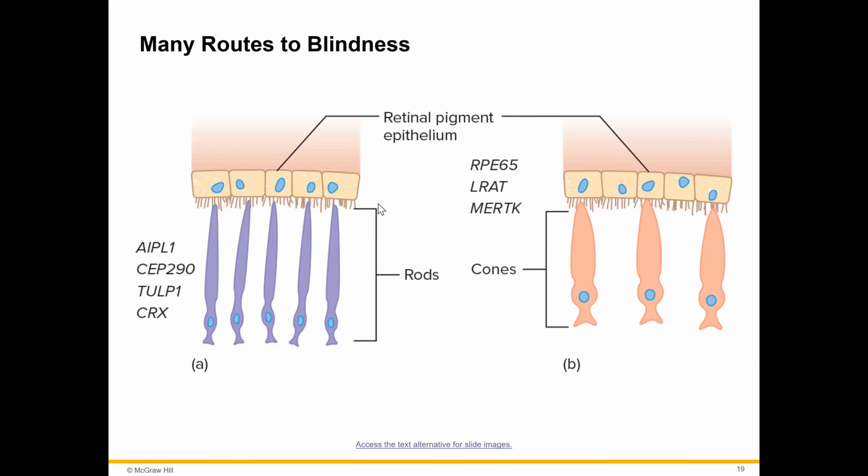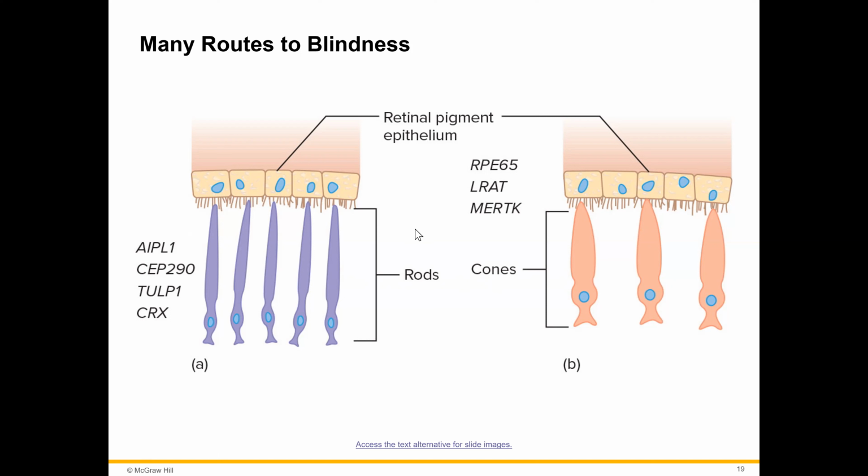So you can have a defect in the pigmented epithelium of the retina, it might affect rods, it might affect cones, right? Or it might affect some other proteins and other structures that pass the vision from your eyes to your brain.